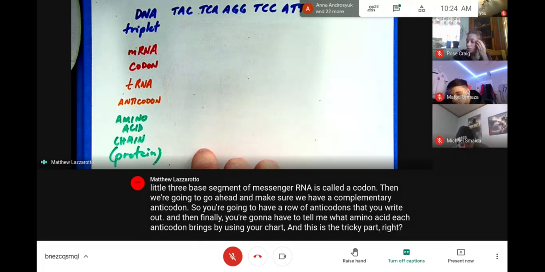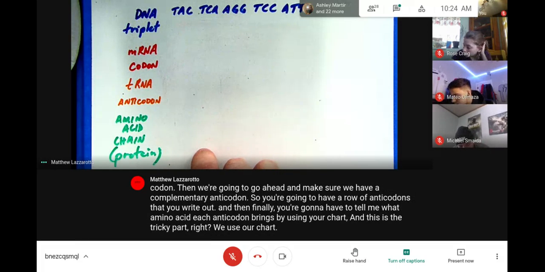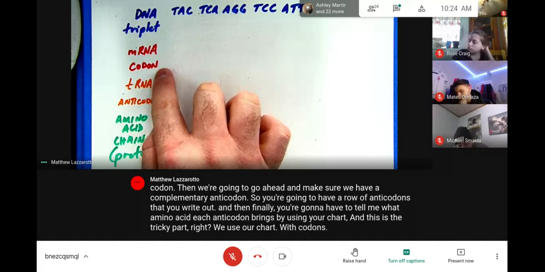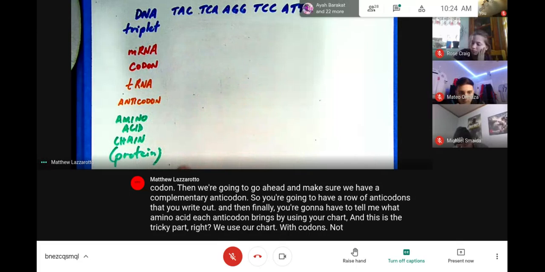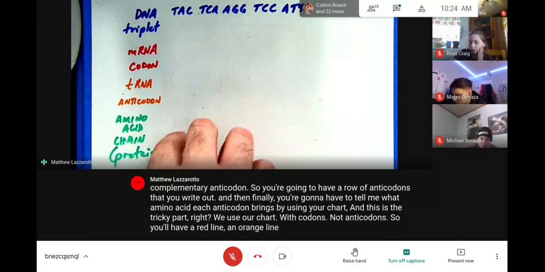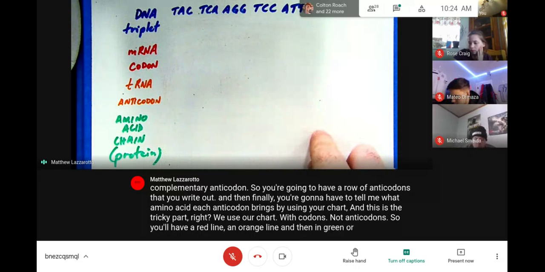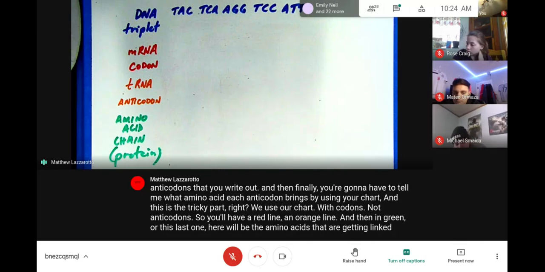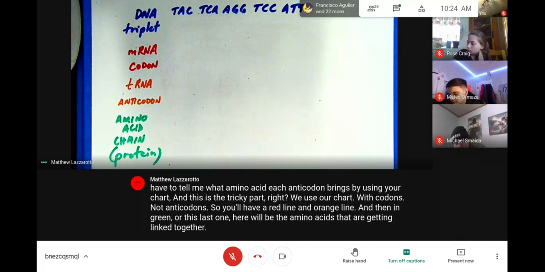We use our chart with codons, not anticodons. So you'll have a red line, an orange line, and then in green, or this last one here, will be the amino acids that are getting linked together based on what you read.